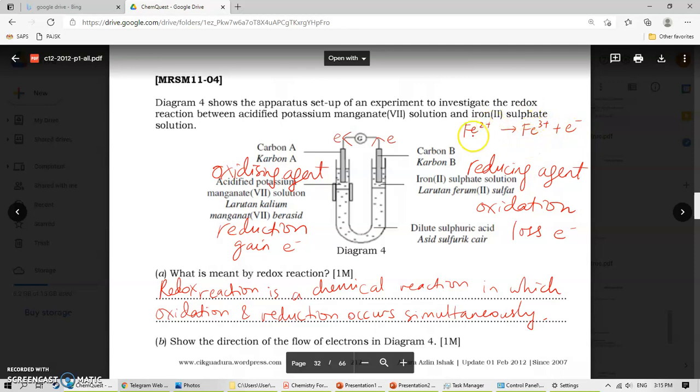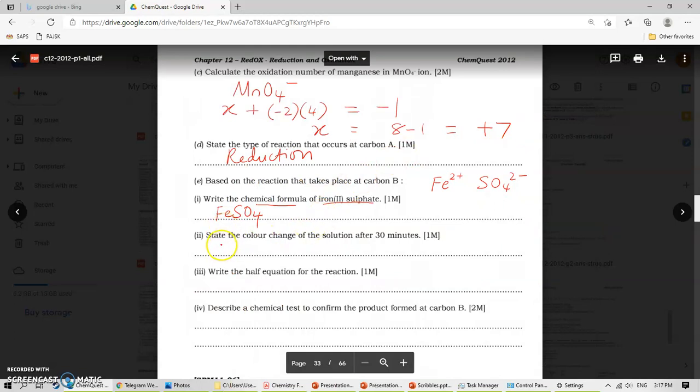So is there any color change? Iron 2 is green in color, iron 3 is brown in color. So yes, there is a color change. It changes from green to brown. The half equation we have written just now: Fe2+ becomes Fe3+ ion.